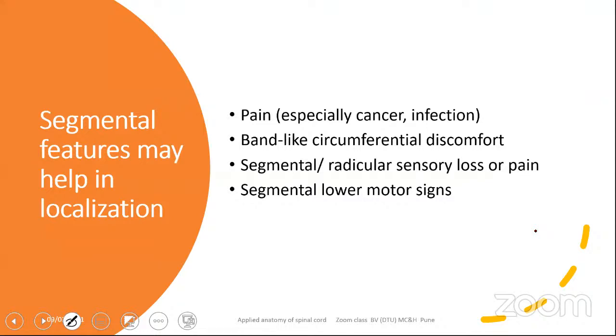That means if there is a problem or a tumor at the T4 or T5 vertebral level, which is causing pressure on the spinal cord, which is inside the vertebral canal, this spinal cord is around 1 centimeter in diameter, and a pressure which is coming from a tumor like a meningioma will cause at that level lower motor neuron type of signs, which consist of wasting, weakness, fasciculations, and below that level there will be UMN type signs where spasticity predominates with exaggerated reflexes and upgoing plantar.